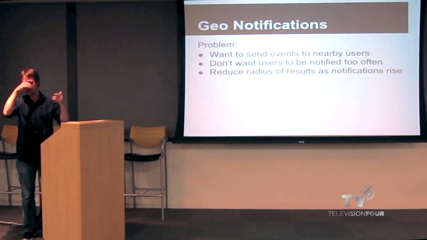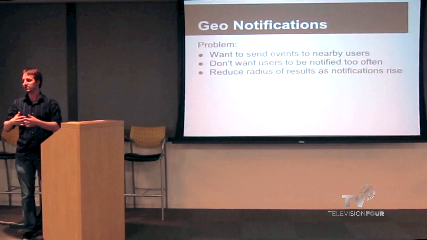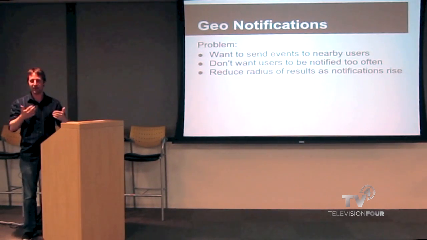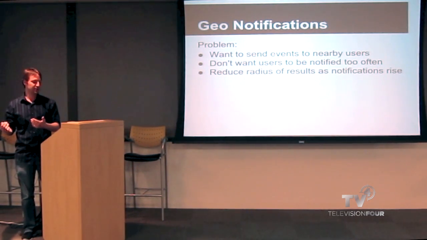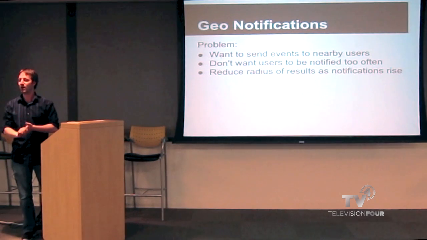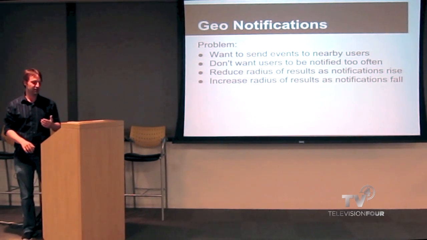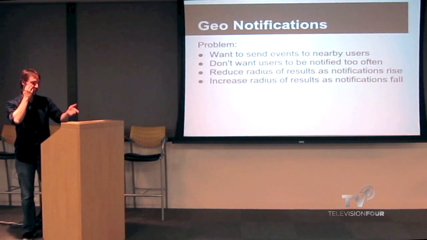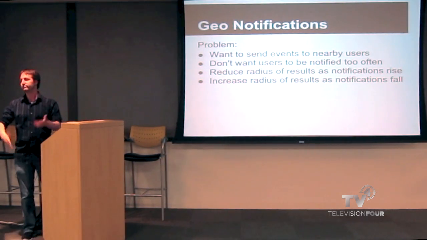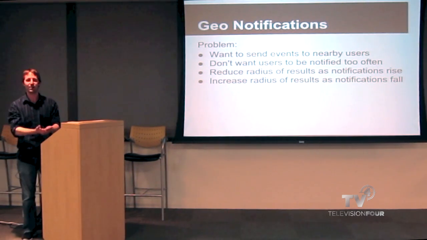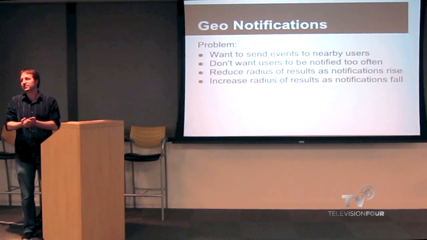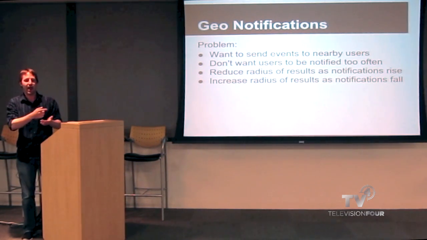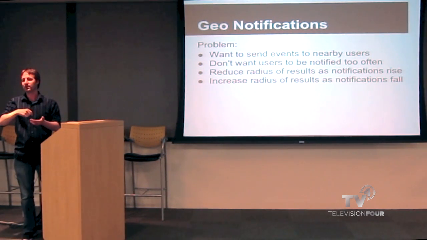And so you need to be able to reduce the number of notifications and the notification radius as the number of notifications rise, and similarly increase the radius as the number of notifications fall. And this would also be useful for something like Uber. You know, if you've got a cab driver who's sitting there, he doesn't necessarily care about every person in a city.